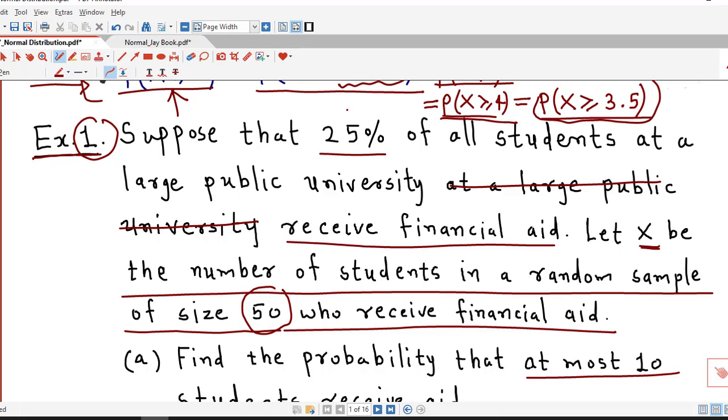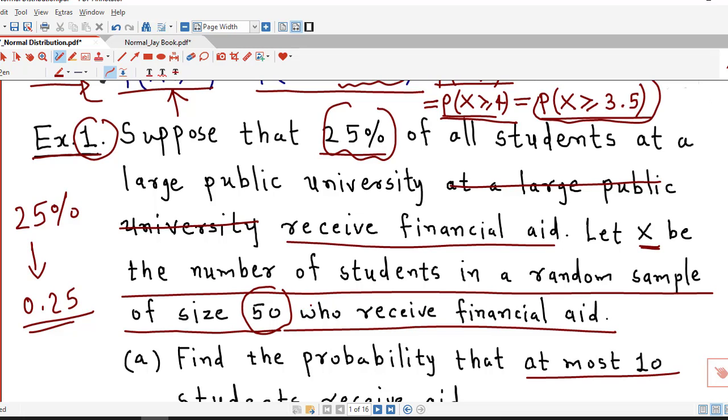And it is given that 25% of all students at a large public university receive financial aid. So the probability that a student receives financial aid is 25%, that is 0.25.